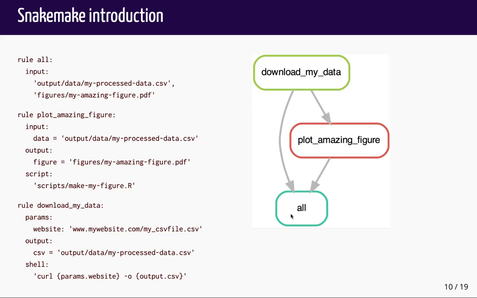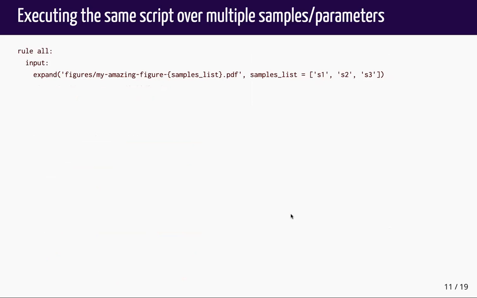The other thing that is quite nice is that I can rerun the same thing quite easily. So let's say, for example, I want to plot the same figure, not once, but 3 times, once for each sample. One way to do this would be to list out the sample every time, or I could also use the expand command in Snakemake that essentially takes a path with a wildcard and a file name, and then also another list that contains values, which in this case specify the samples.